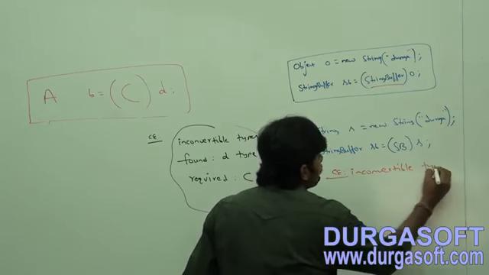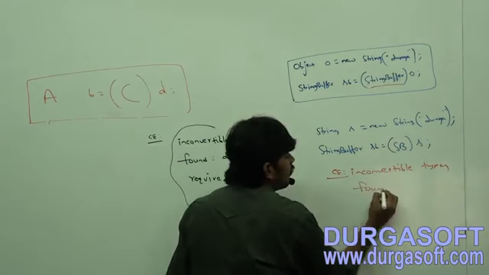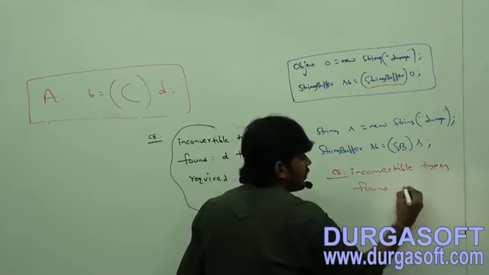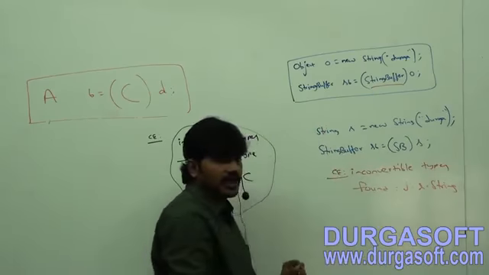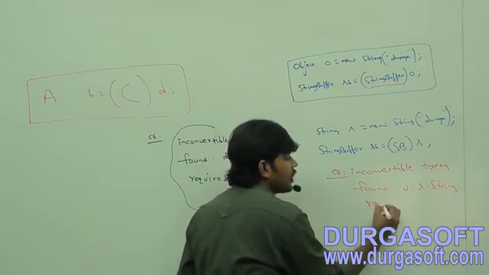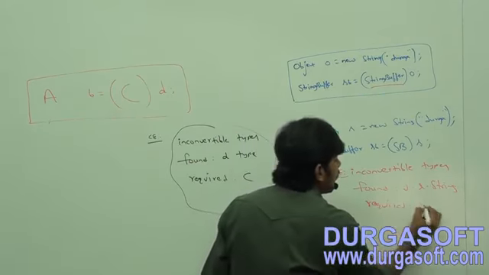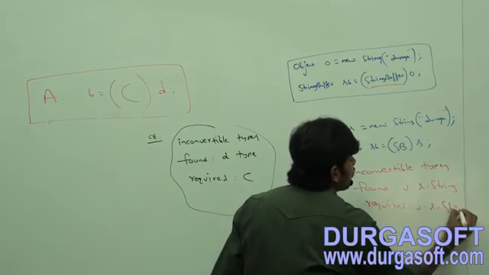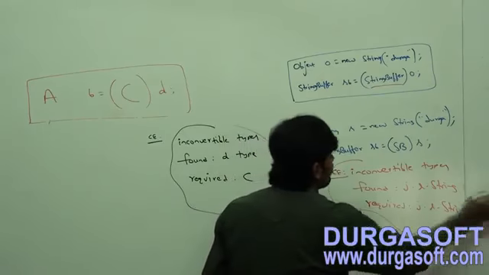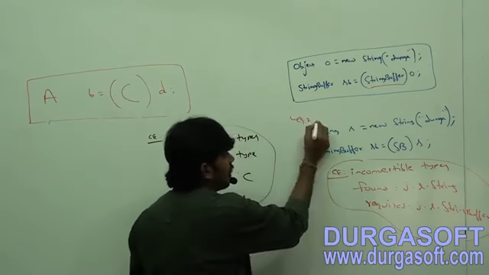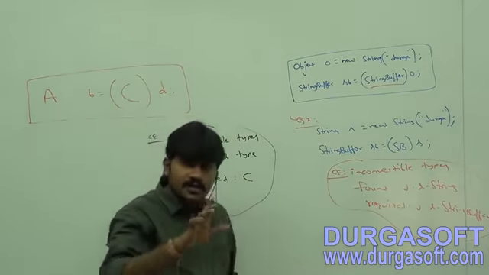Inconvertible types, found D, D means java.lang.String, S is String type. Required is java.lang.StringBuffer. Like this a compile time error by default we are going to get. Let me take this example.